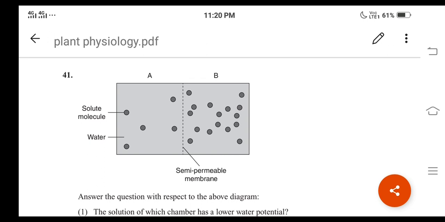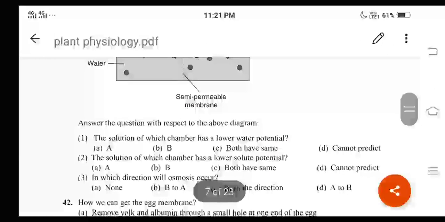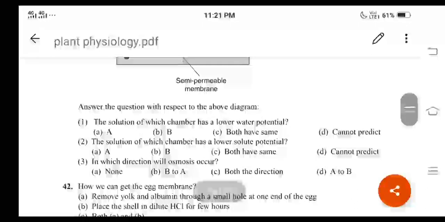In chamber B, water is also there and solute particles are also there, but solute particles are more when compared to chamber A. Based on this we have to answer the following questions with respect to the above diagram.